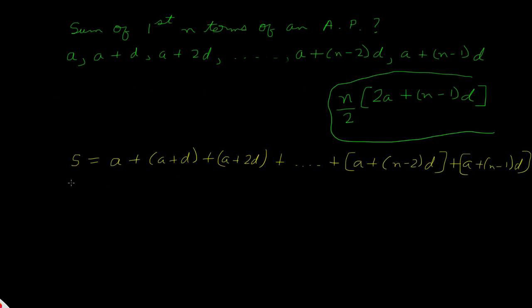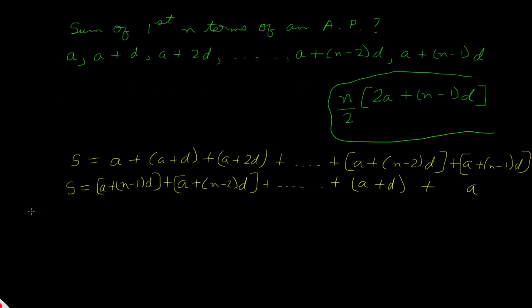And if we now just write it in the reverse order, so we write the nth term here, that is a plus n minus 1 times d, and here we write the second last term, that is a plus n minus 2 times d, and you can so on write the other terms, and here we will reach a plus d, and here we will have a.